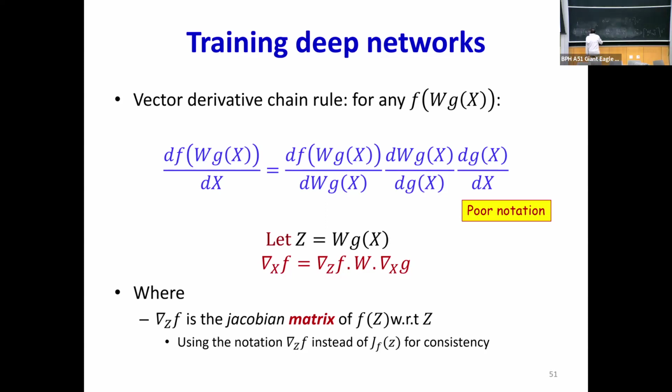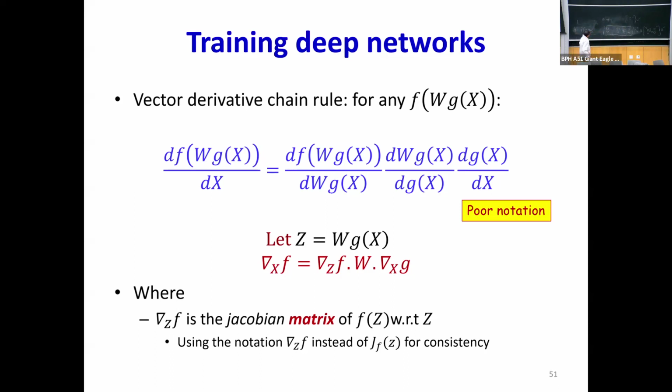So I can say z equals w times g of x. So this is going to be dz over dg times dg over dx. Everyone with me? And what is the central term? What is dz over dg? That's just the w, right? And so I can write this as dy over dz times w. Everybody with me?